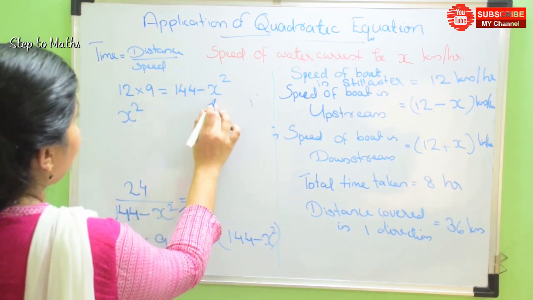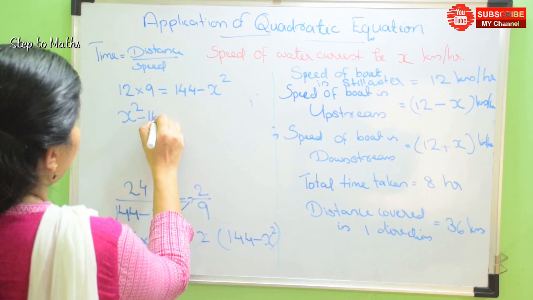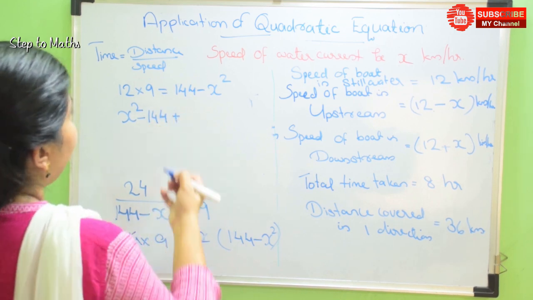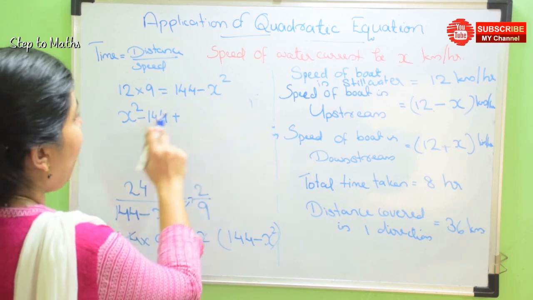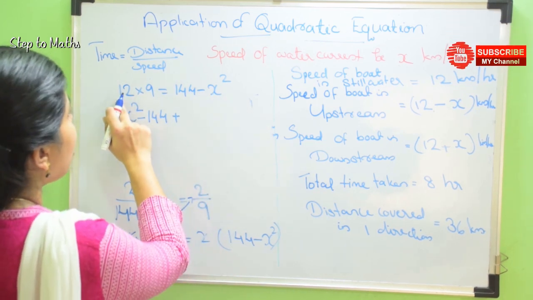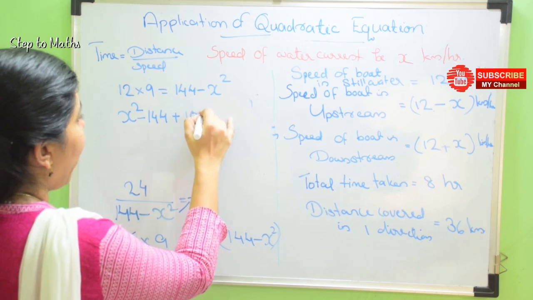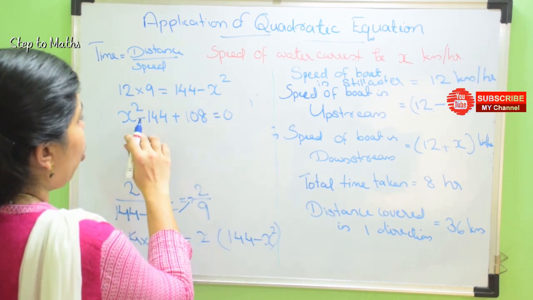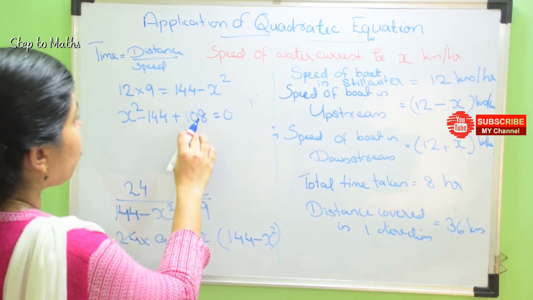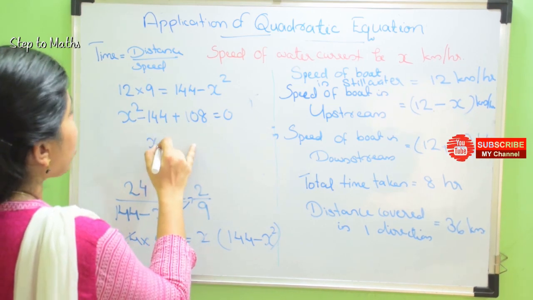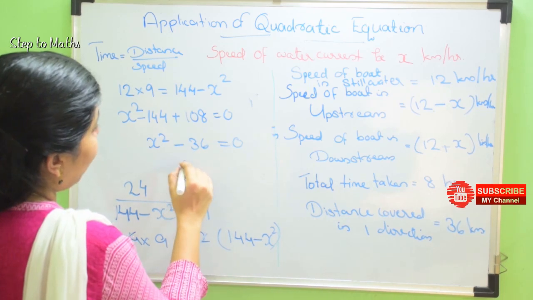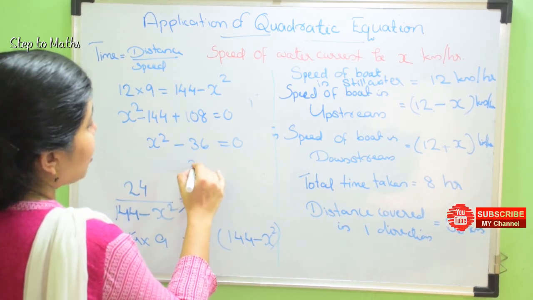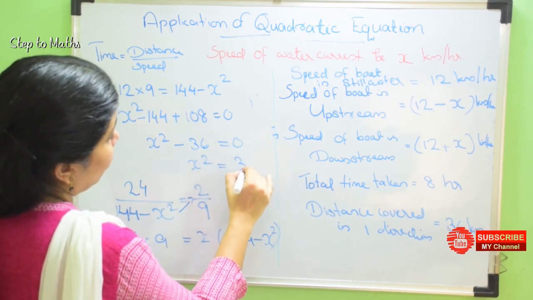If you rearrange this, x square minus 144 plus 12 into 9, which is 108, equal to 0. Minus 144 plus 108 gives x square minus 36 equal to 0. So, we can write x square is equal to 36.